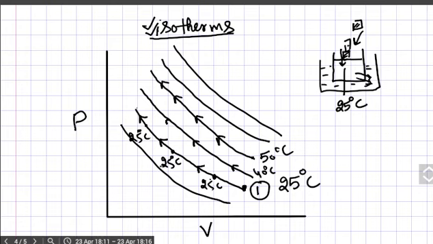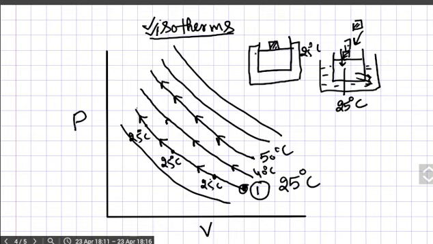For example, if you are starting here at 25 degrees centigrade, and now you insulate this cylinder, the same pressure and temperature you have maintained in this, but this time you have insulated your cylinder, so that heat cannot be transferred.